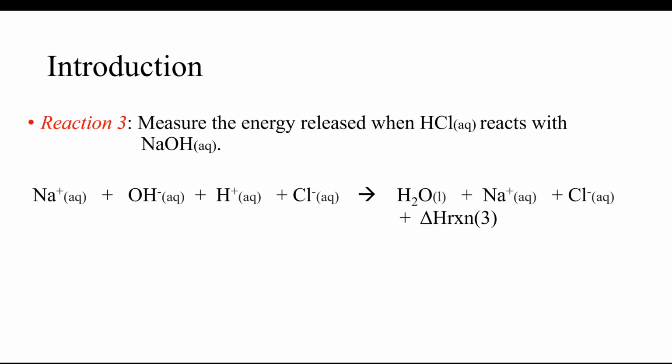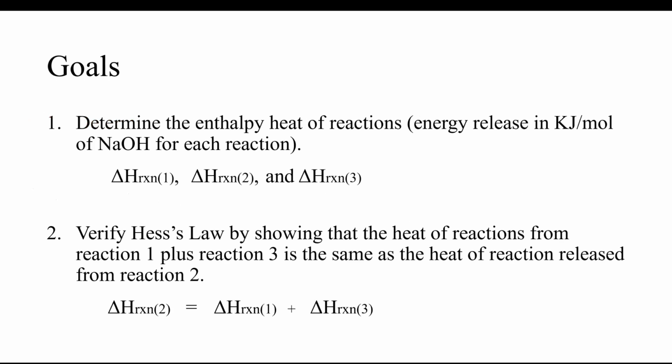The goal is first to determine the enthalpy, the heat of reaction, for all 3 reactions: reaction 1, reaction 2, and reaction 3. Then we will verify Hess's law by showing that the enthalpy of reaction from reaction 1 plus reaction 3 is equal to the enthalpy of reaction for reaction number 2.